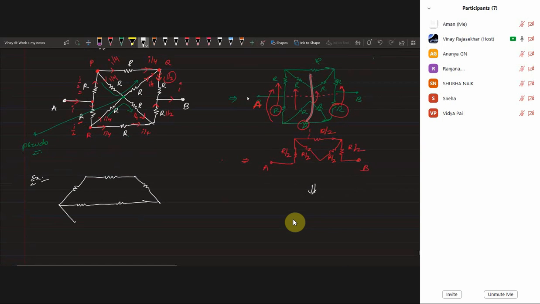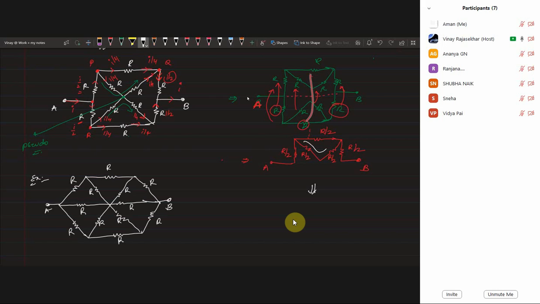Do the final calculation and tell me what is the answer. What is the answer?